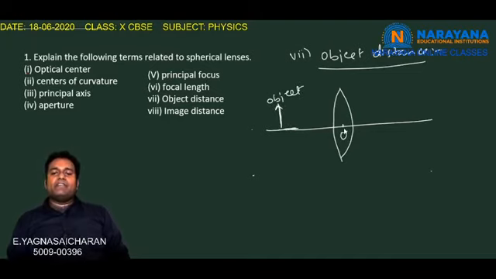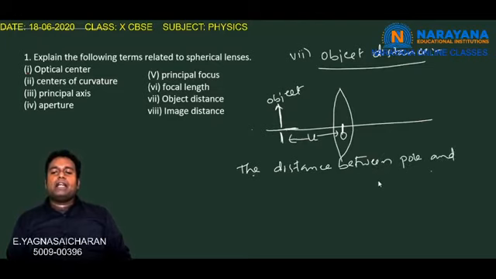So the distance between the pole or optical center to the object is called object distance. So you can say the distance between the pole and the object.